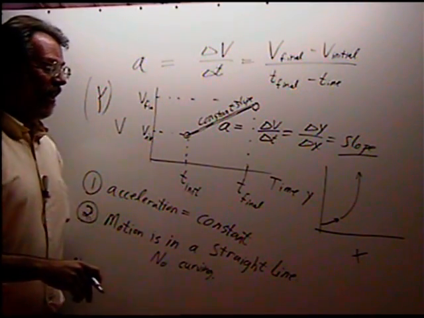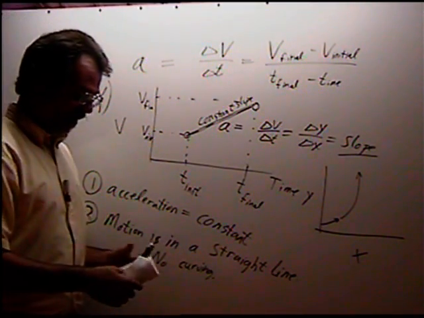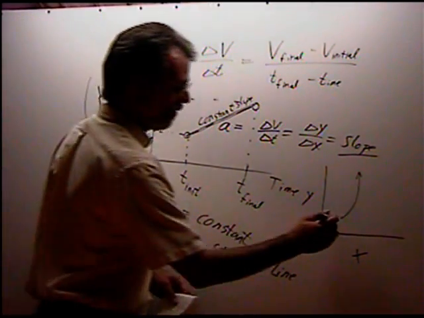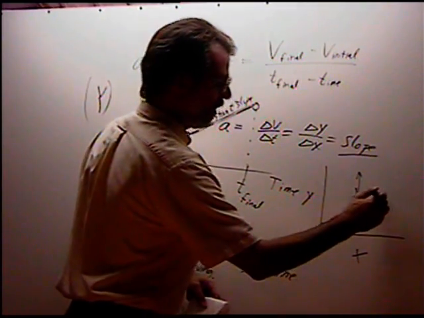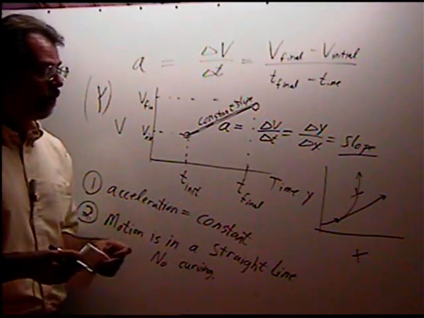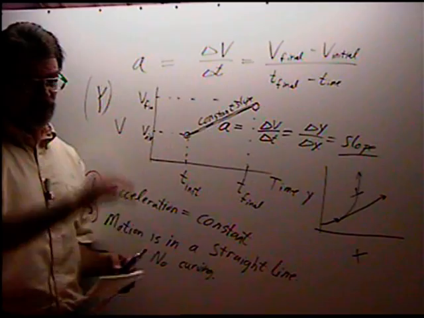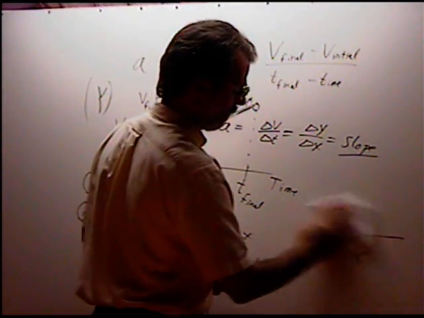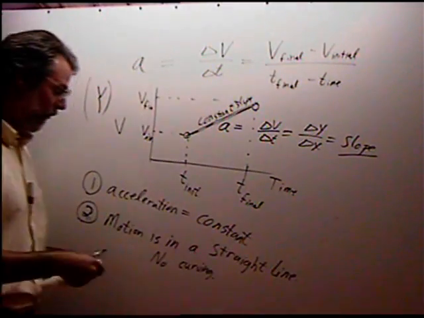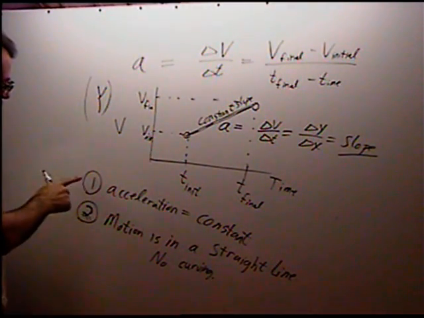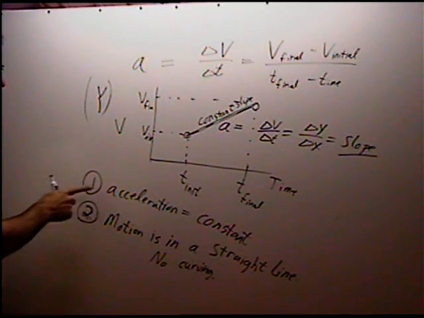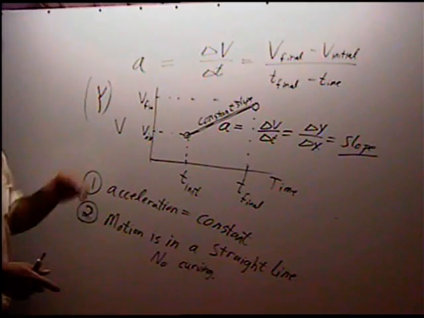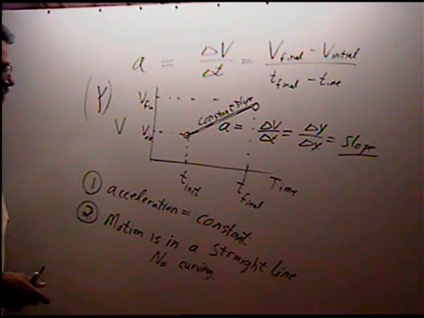Right now, all of the equations in this chapter deal only with motion in a straight line. We will deal with curved motion later on in two dimensions, but that's in a couple of chapters. So these are the two main assumptions in this chapter: the acceleration is constant, meaning a constant slope, and the motion is in a straight line.